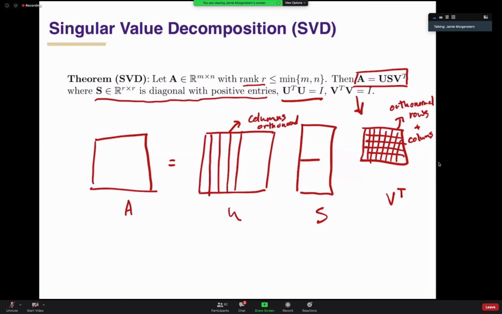Then S is going to have a really particular structure, which is that it's going to be diagonal with positive entries only on this diagonal here.